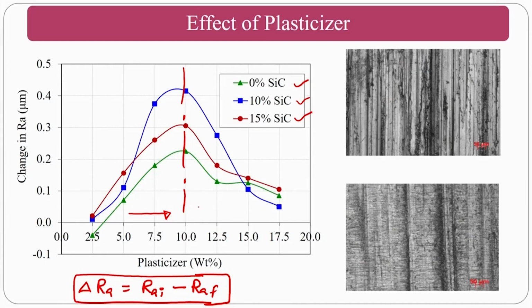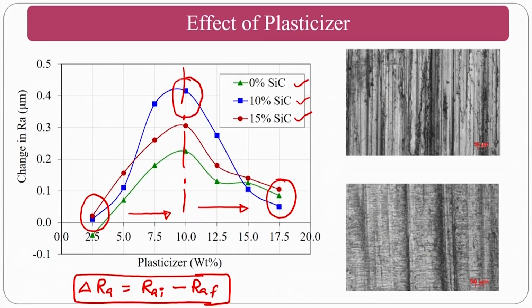As you move again from 10 to 17.5, you are going to see it is decreasing. Take three conditions: the initial condition, the final condition and the middle condition.